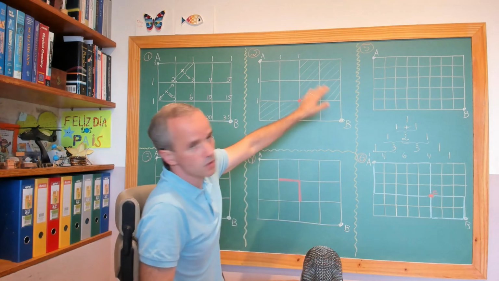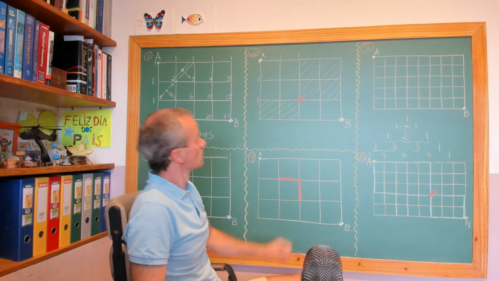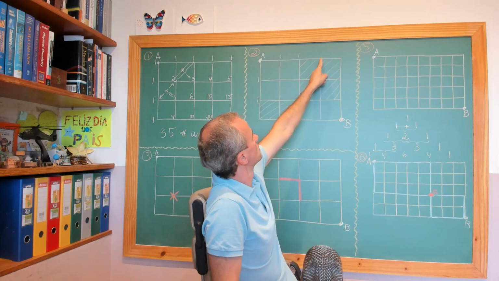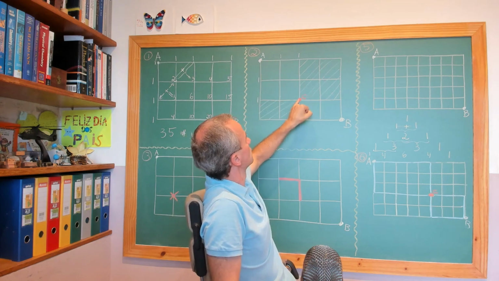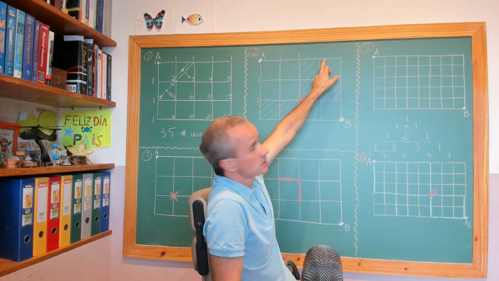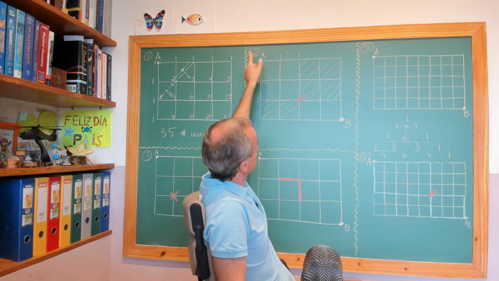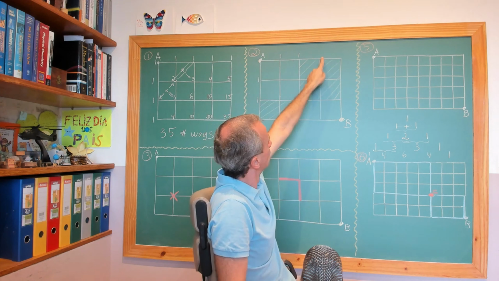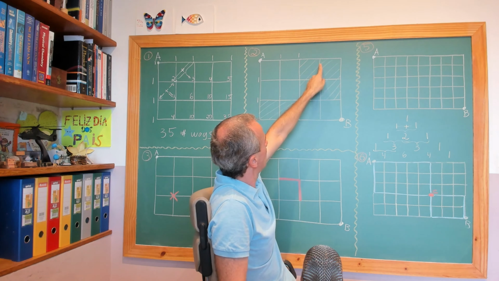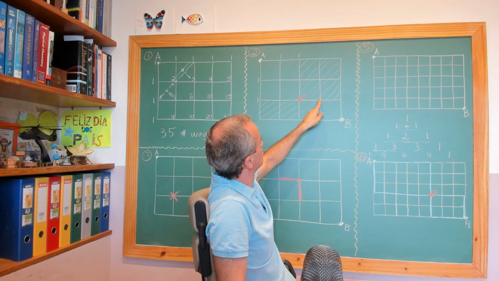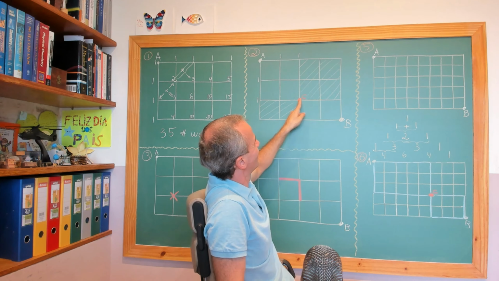I cannot go on those shaded areas. Why not? Because if I go into this place, I can never return to C. If I'm allowed to go to this place, here, it means I can go straight in here, and then I have to go down. To go to C, I would have to go back. I cannot.